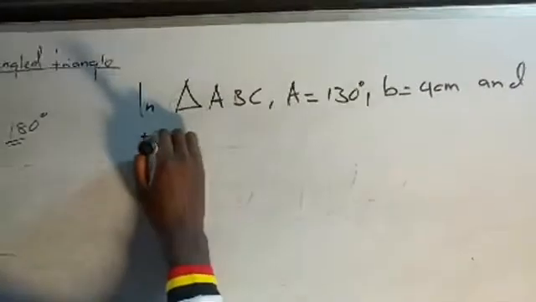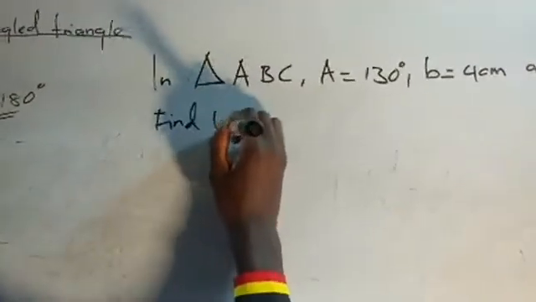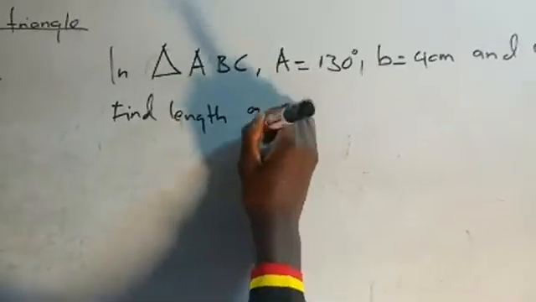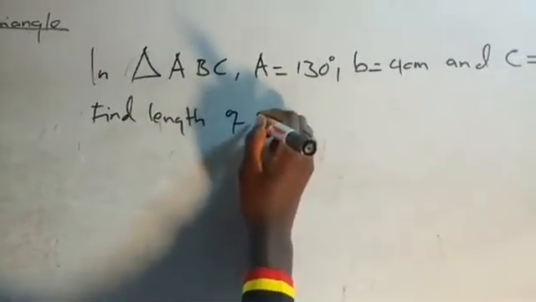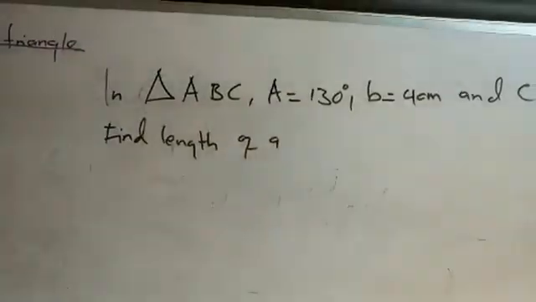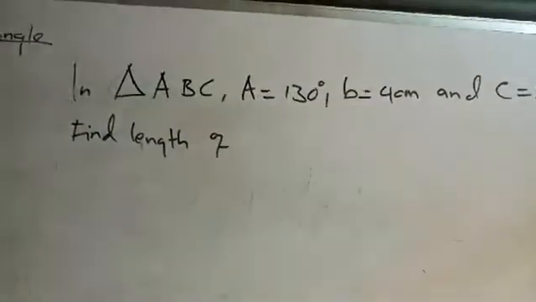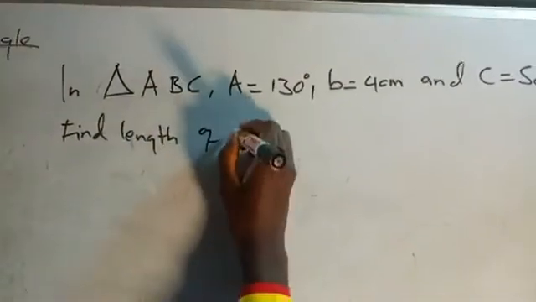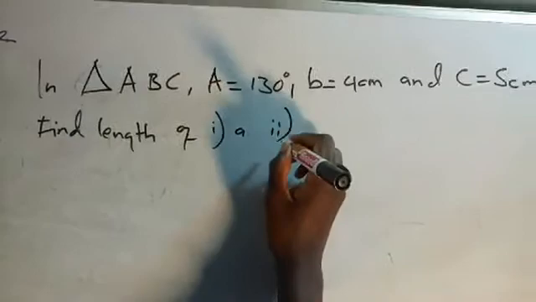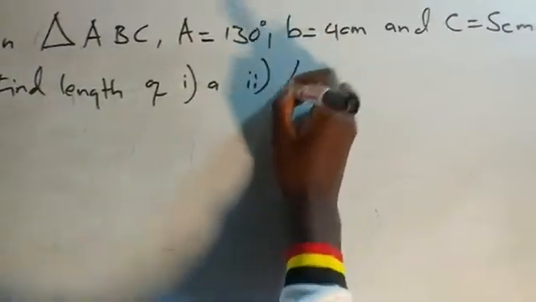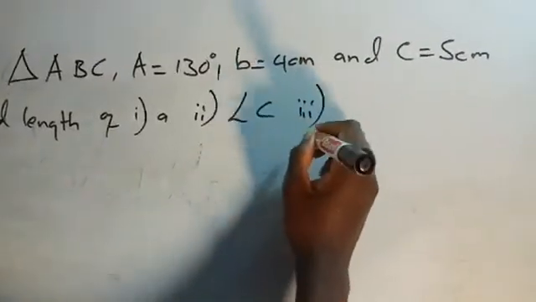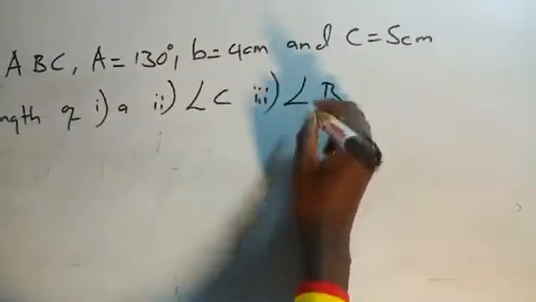Find the length of a. This is part 1. They have told us to find the length of a, and part 2 they are saying angle C. Part 3 saying angle B.